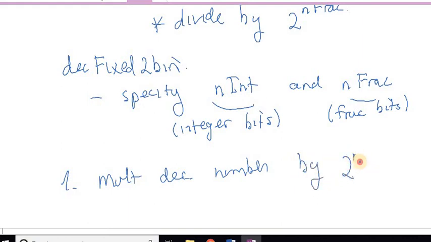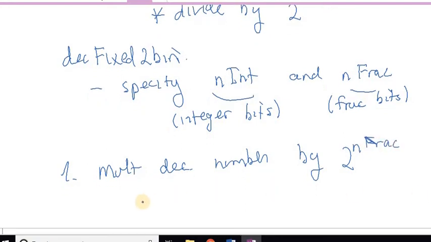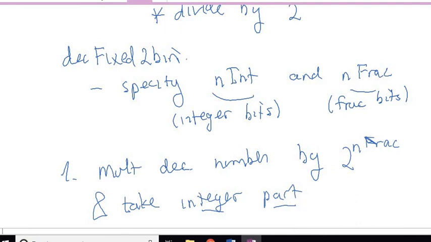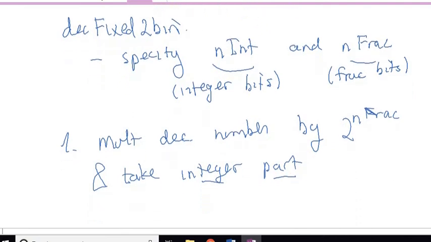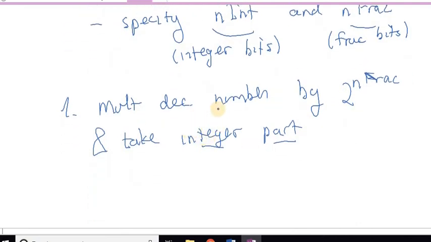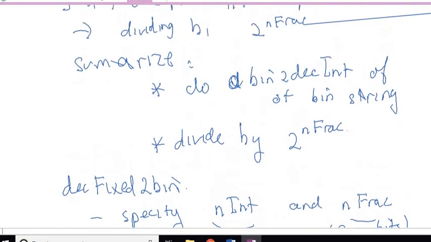So that undoes the second step in the binary to decimal conversion, right? And then you want to take the integer part of that. Okay. Then you have the decimal corresponding to the integer that we had up here.